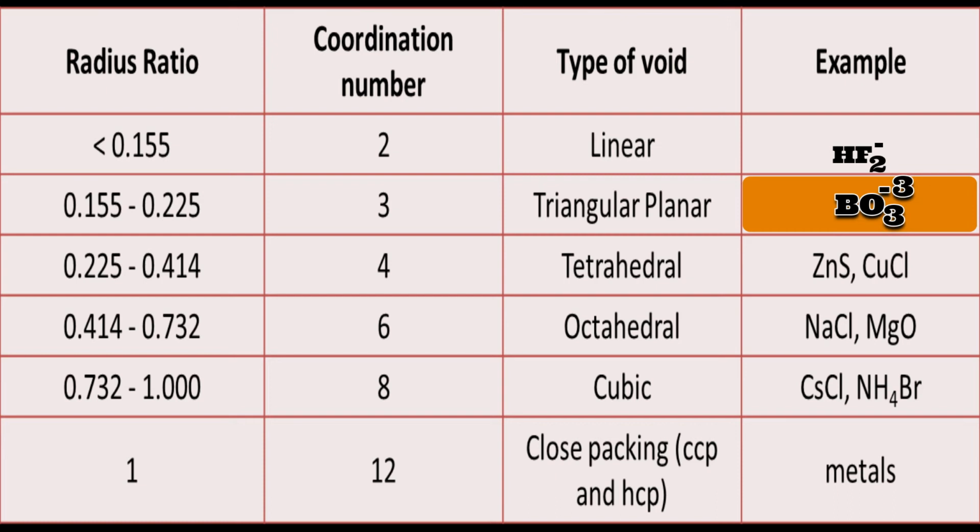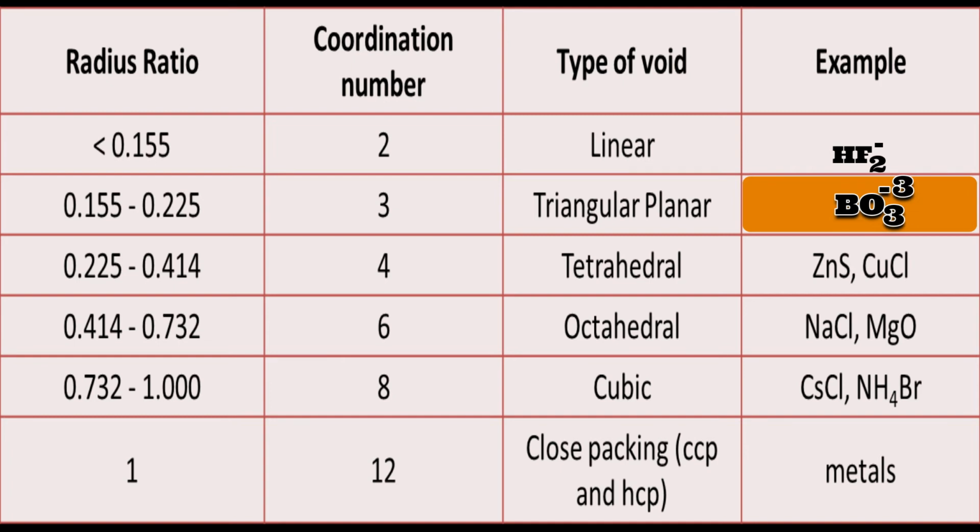Now see the third line. If the radius ratio is between 0.225 to 0.414, then the coordination number will be 4. See, the coordination number is increasing as the size of the cation increases, and the type of void will be tetrahedral. Now if the coordination number increases to 6, then the radius ratio will be 0.414 to 0.732.